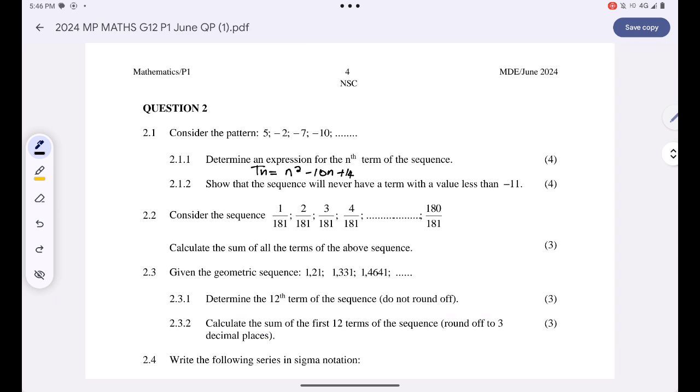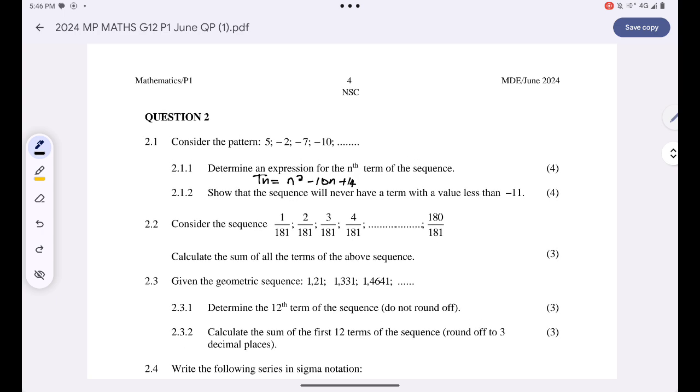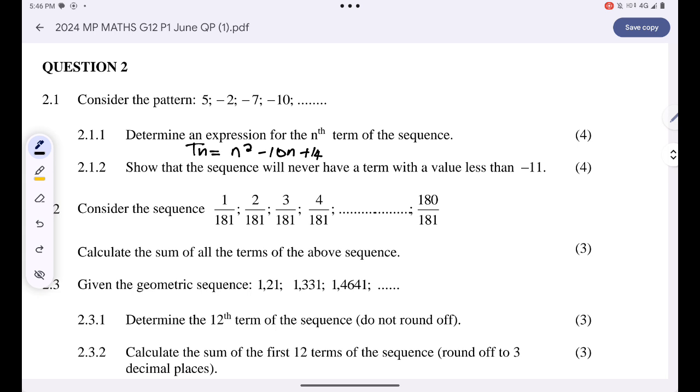Okay, and then 2.2, I'm supposed to consider this given sequence and I'm just asked to find the sum of the terms of the above sequence. This type of sequence, guys, is arithmetic. Are you together? And a sequence will be arithmetic if and only if T2 minus T1 is equal to T3 minus T2.